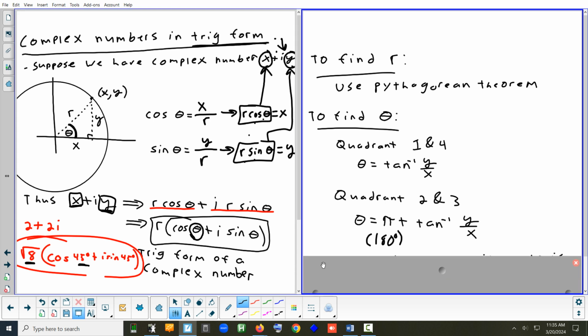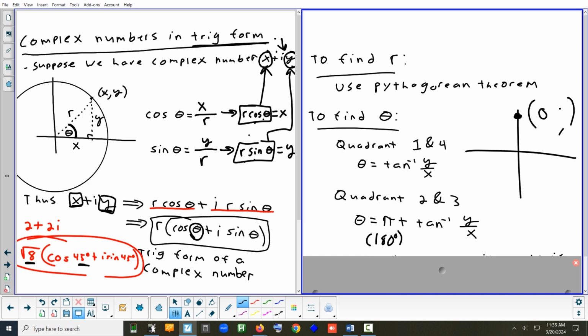Okay, so that covers how to find the radius: use the Pythagorean theorem. It covers how to find the angle if you're in quadrant 1, 2, 3, or 4. Where else could you be besides quadrant 1, 2, 3, or 4? On the actual axis. Now, if you're on an axis, think of this point right here. What's the x value of this point? 0.